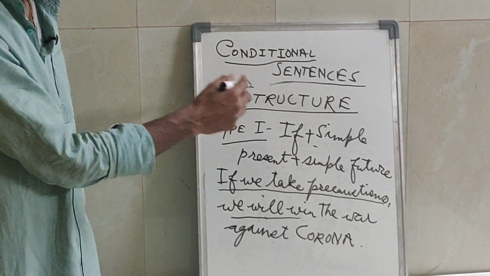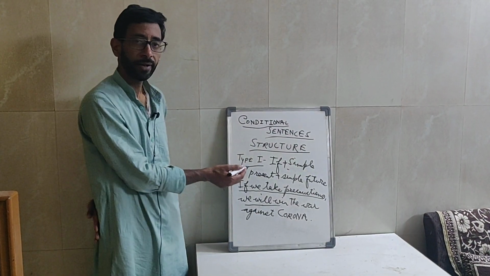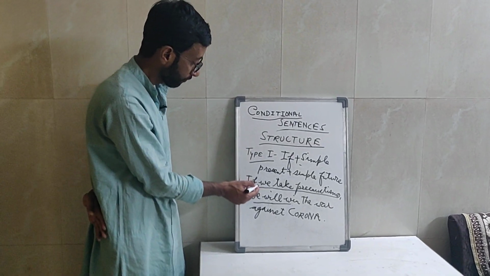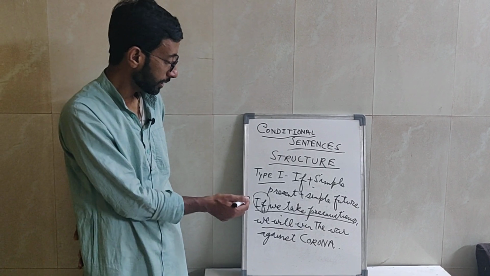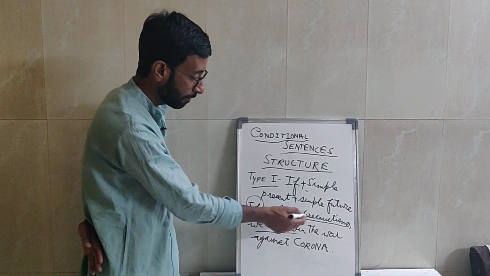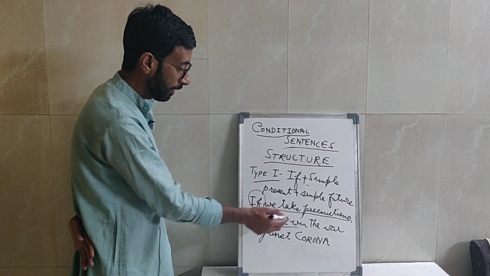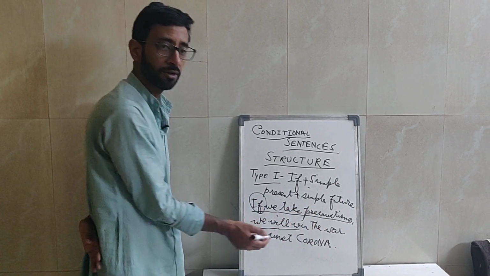So just like all conditional sentences, it also starts with an if clause. So we are talking about a possible condition which just says that if we take precautions, we will win the war against corona.